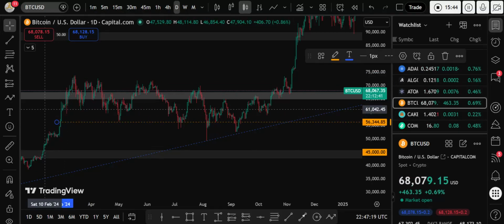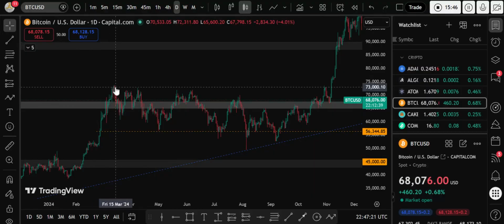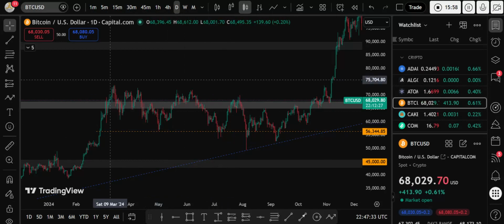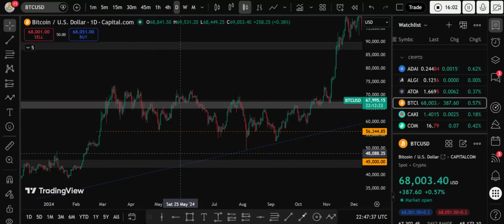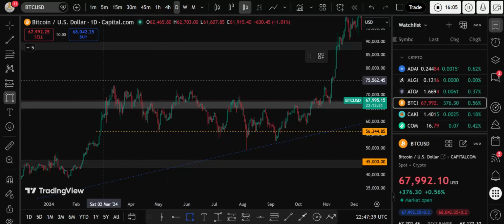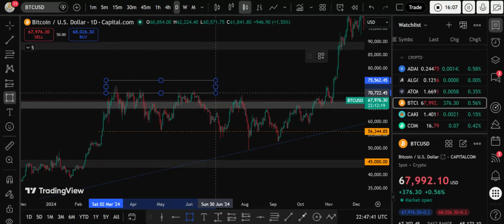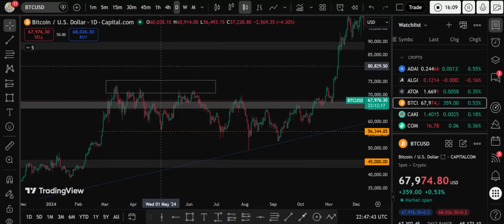Resistance means the price has been resisted at this level, which is 73,569, and it came down. Then it went up again, then it came down. It went up again, it came down. It means this area is a resistance level. That's the meaning of resistance.